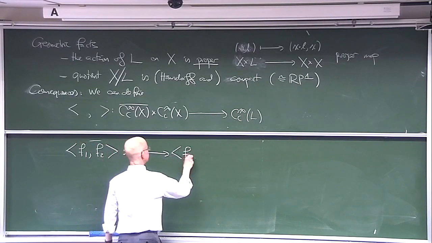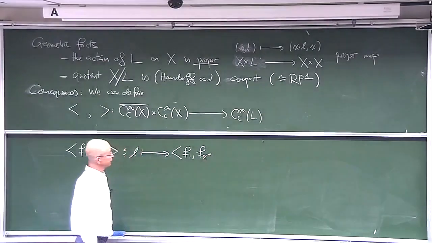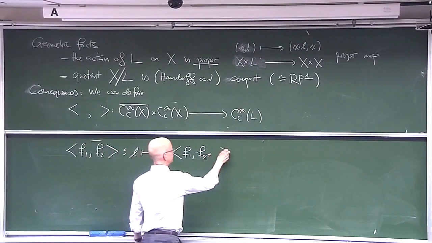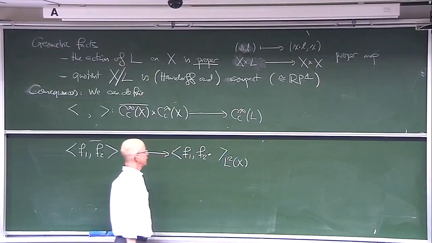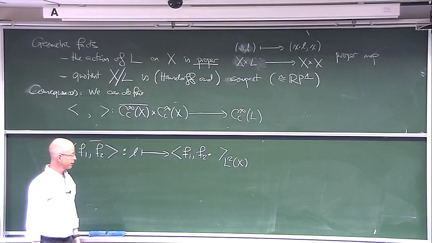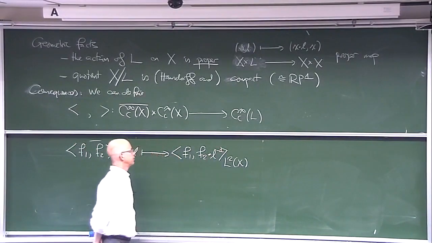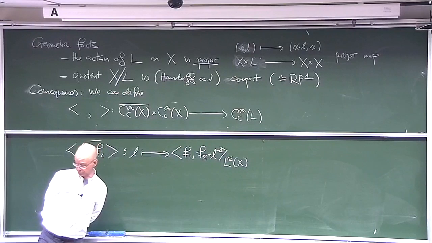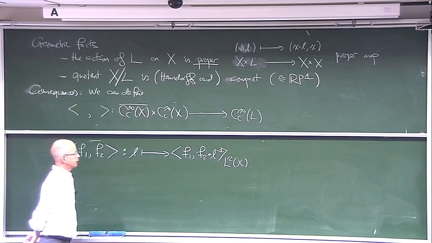I'll just take F1, and I want to take the ordinary inner product, in the sense of Hilbert space. But I want to take the inner product of F1 not with F2, but with a translation. Actually, the good formula is L inverse. I memorized this beforehand to know it should be inverse.